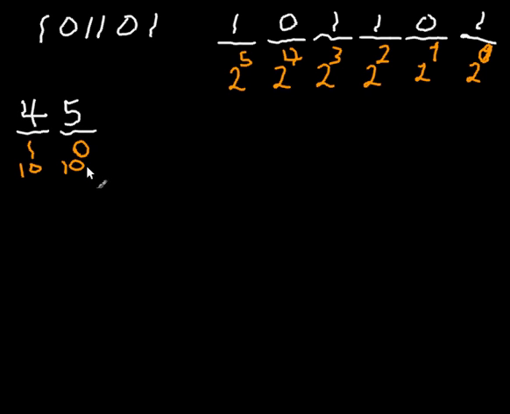The value of this place is 10 to the 0, which is 1. So 5 times 1, we have 5 of those, so it's just 5, plus, and what is this? 10 to the 1 just equals 10. So 4 times 10 equals 40, and the total equals 45.